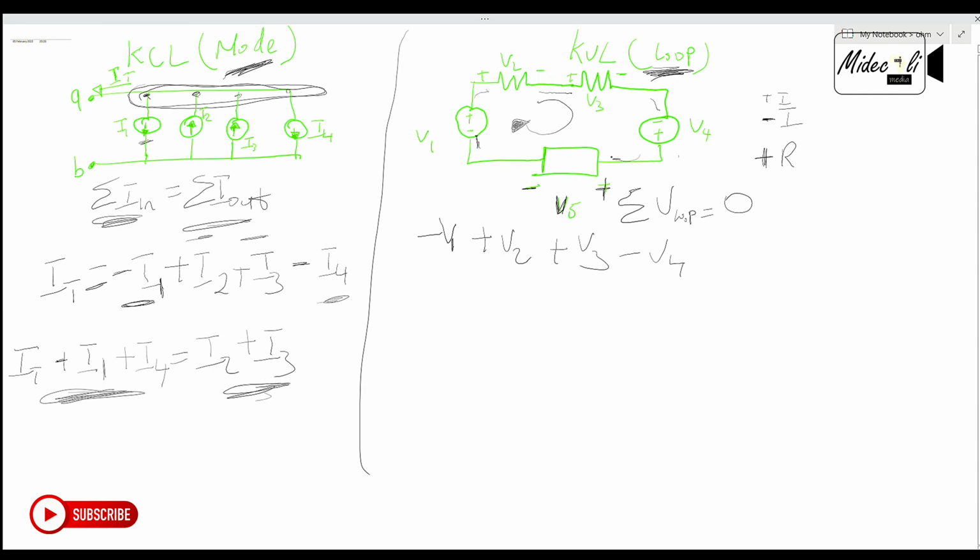When we get here, what sign do we visit? Plus V5 is equal to 0. Sum is equal to 0. So let's collect them to have positive, positive, positive is equal to minus V1 now, and positive V4.